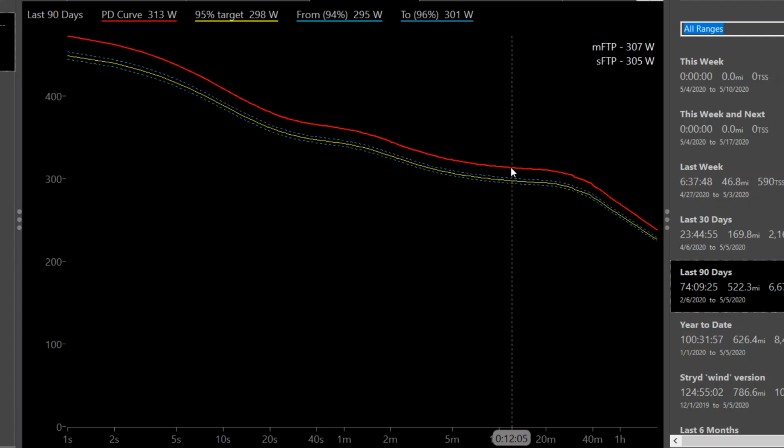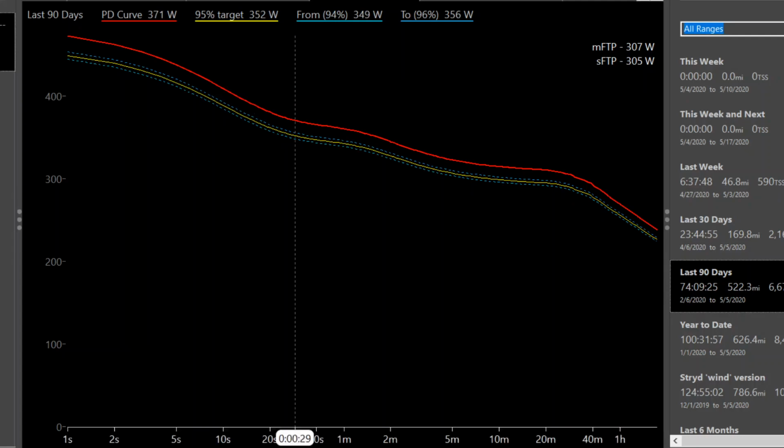It works very reliable across individuals as creating power targets. But as you drift further to the left, you pick up more anaerobic contribution to the power that you're making as a maximal effort. And because of that, it varies more.